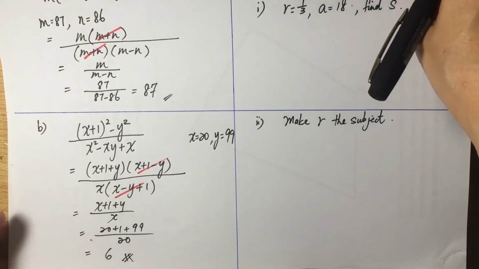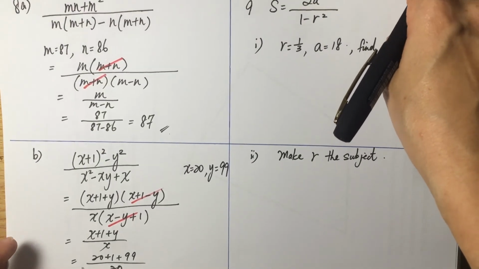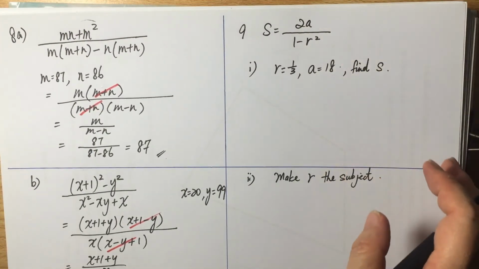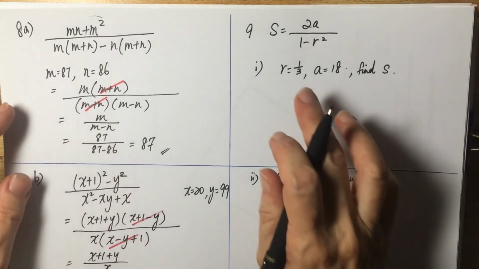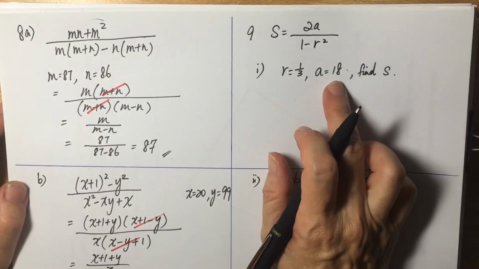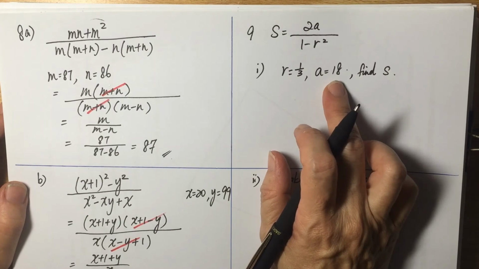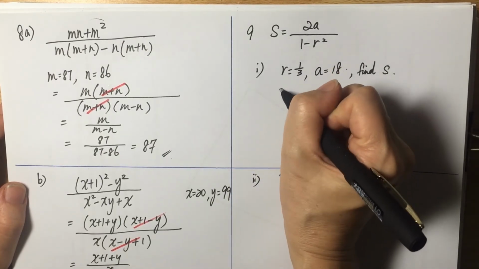Okay. Next, question 9. You want to find the value of s, given that r is equal to 1/3, a equals 18. So we just do substitution.